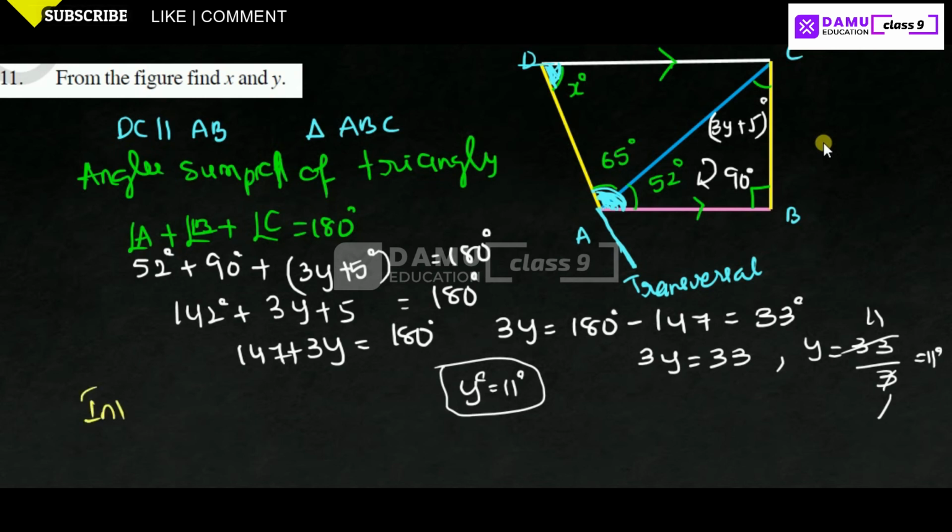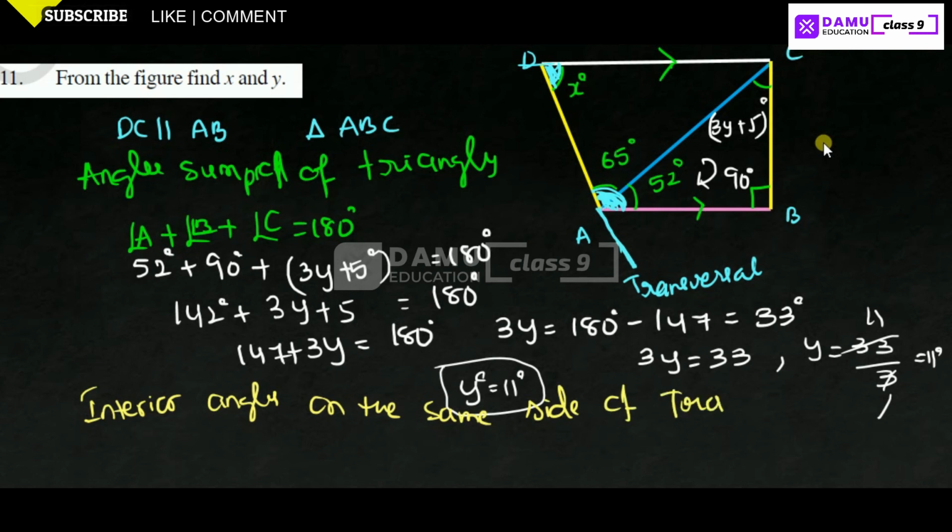That is angle D plus angle A. So this angle and this angle make 180 degrees.